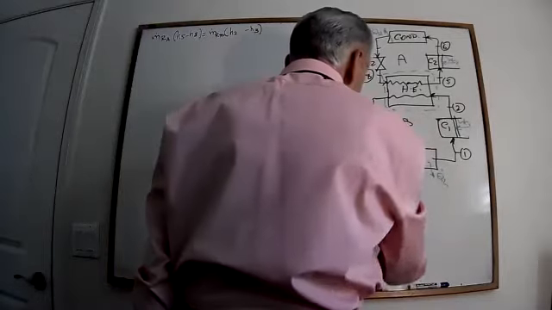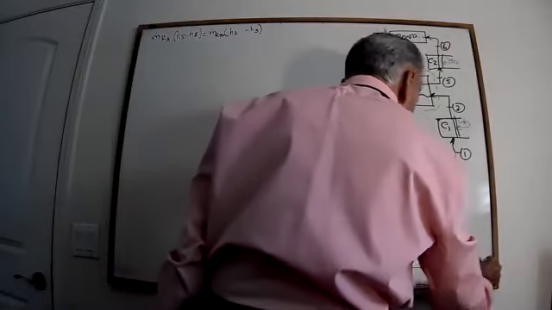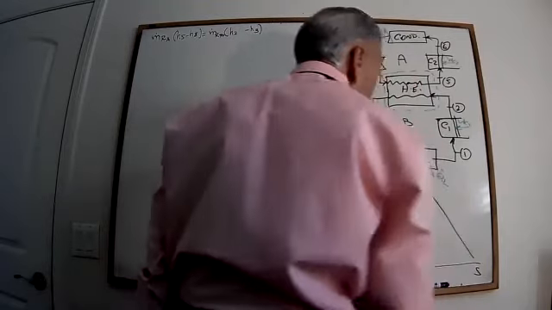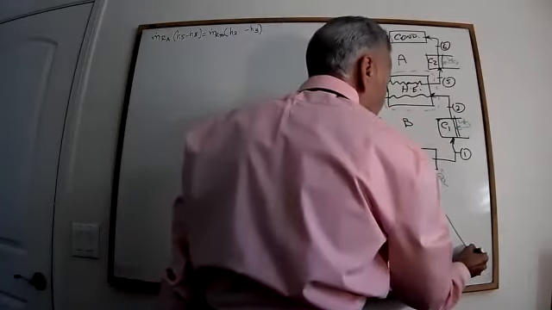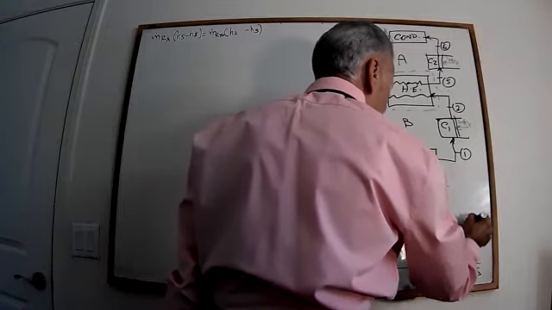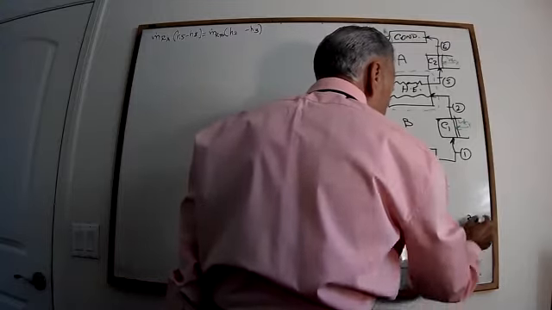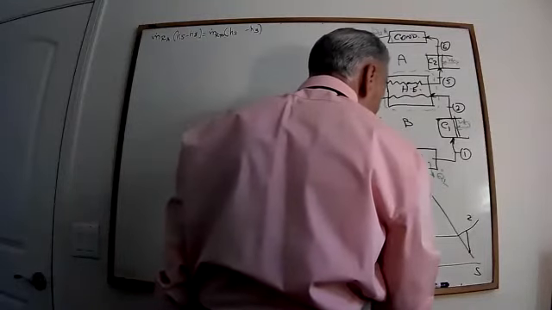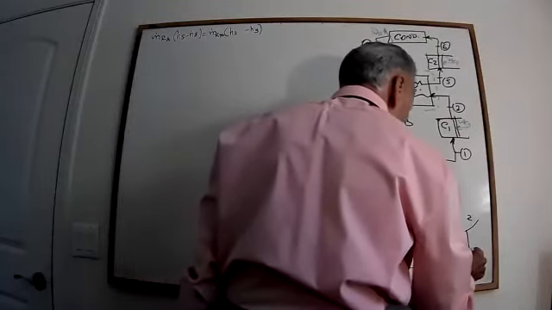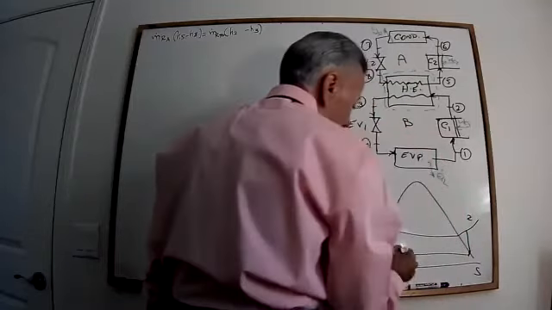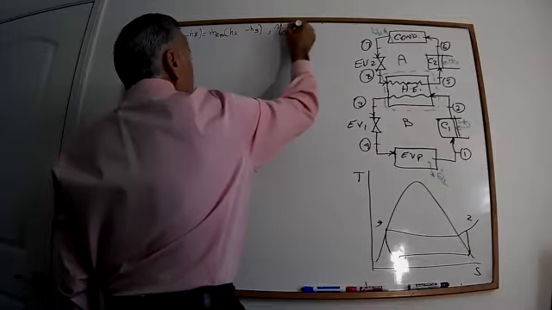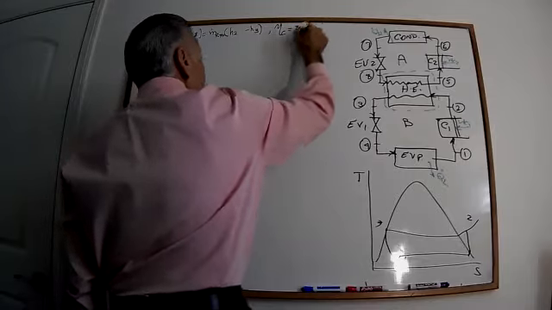Now, the TS diagram. Our point 1 is unsaturated vapor going up to point 2, point 3, coming back to 4, and connected to 1. However, they told us that the efficiency of a compressor is 80%.